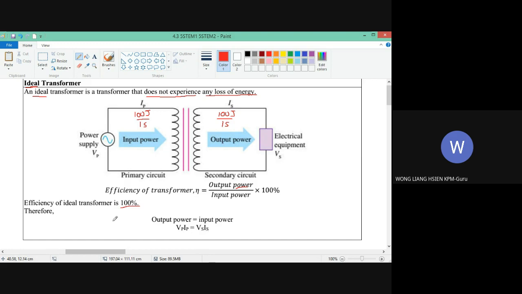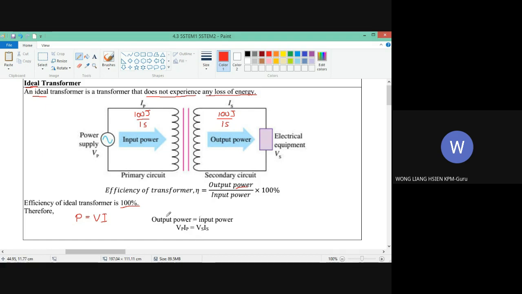Why? Because power equals voltage times current. So if the output power equals the input power, then the voltage times current of both the primary and the secondary will be the same.